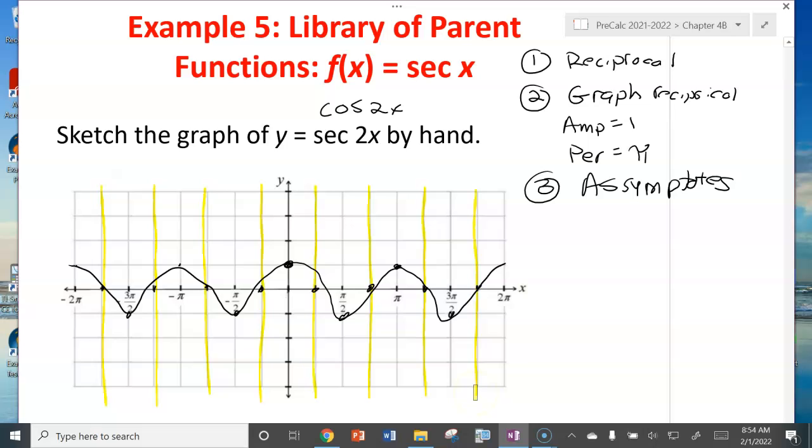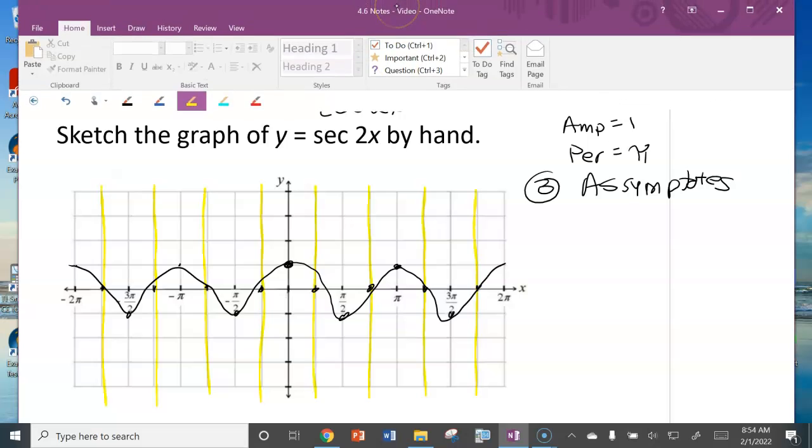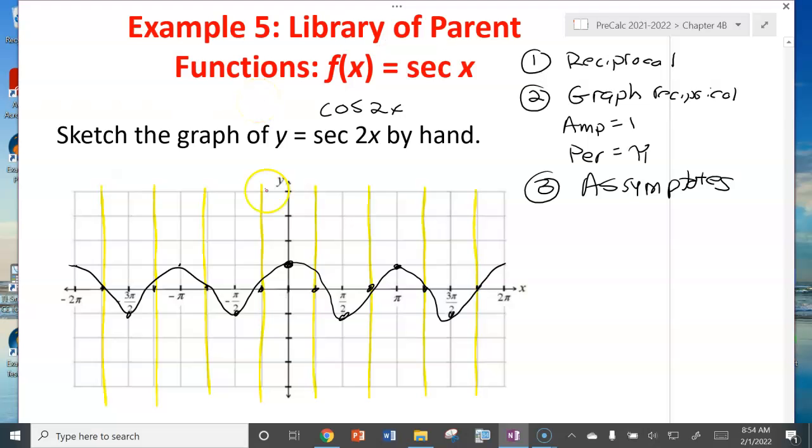I'm going to start at the asymptote, touch at the peak or the trough, and then go back towards the asymptote. So asymptote, touch, back. Asymptote, touch, back. Asymptote, touch, back. And just do the same thing for each of these areas.